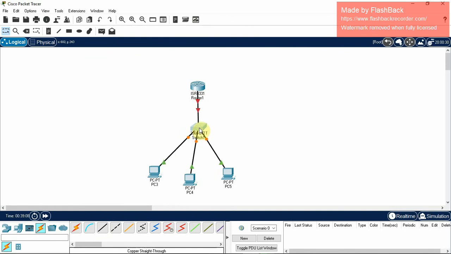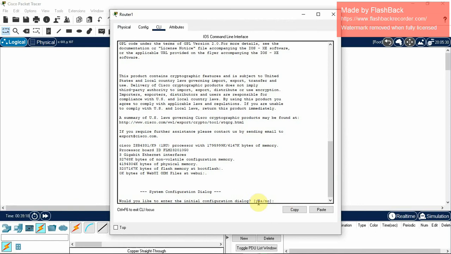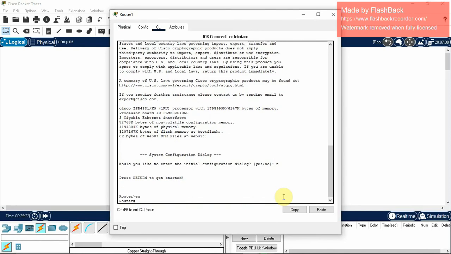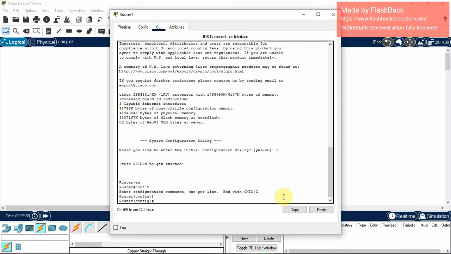So we're going to configure the router now. Okay, so we have to enable the router. Then we're going to build sub interfaces to represent the interfaces and the VLANs.